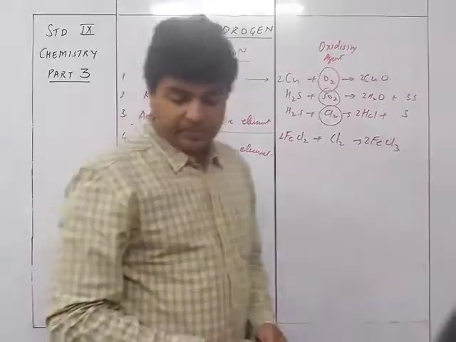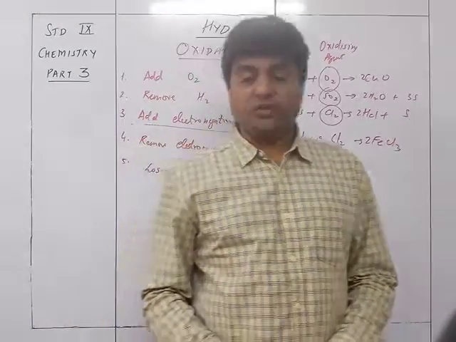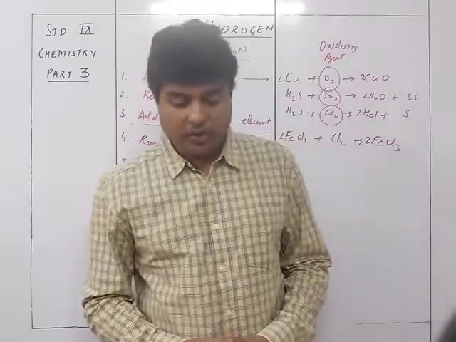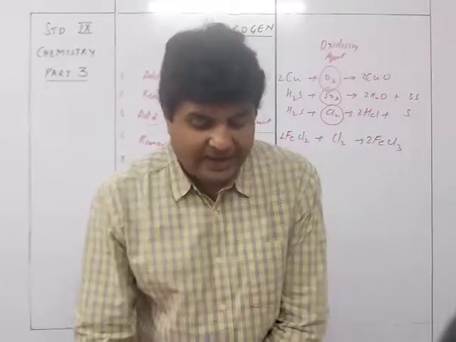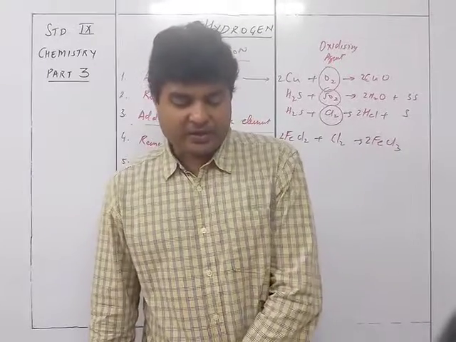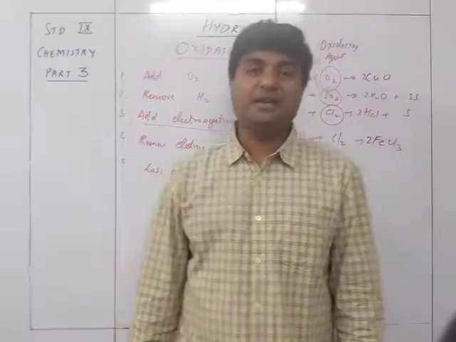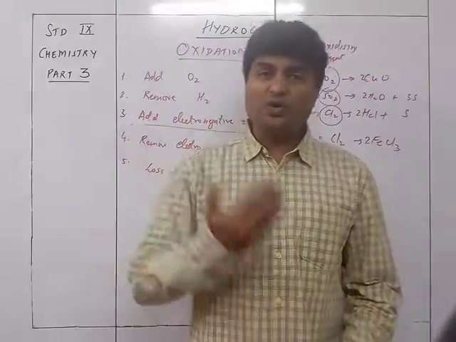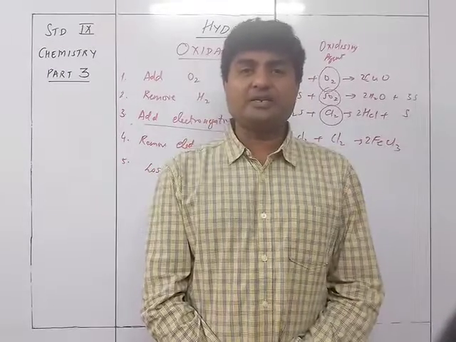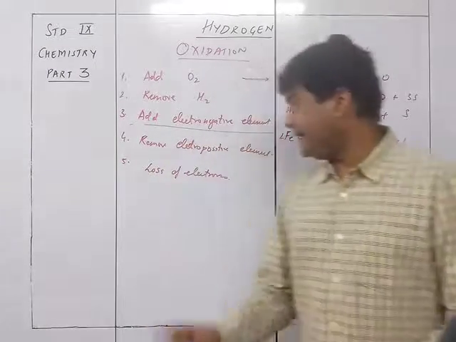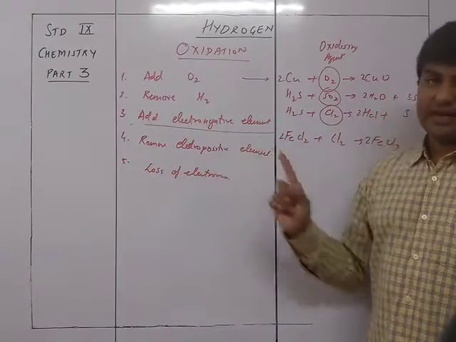Another example could be Zn plus H2SO4 giving ZnSO4 plus H2. Again here, iron 2 chloride gains the electronegative radical chlorine and is therefore oxidized to iron 3 chloride. So there is a gain of electronegative element into the substance. That's why it is addition of electronegative element.